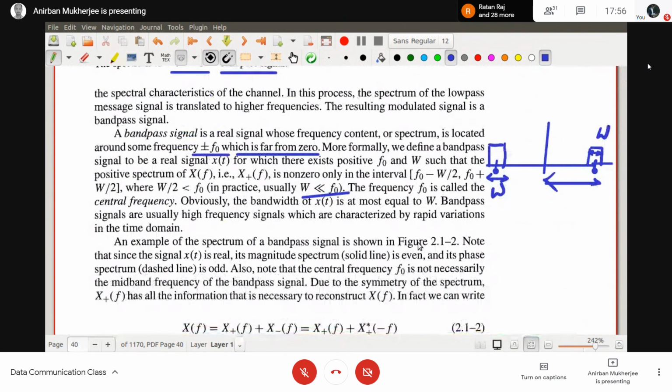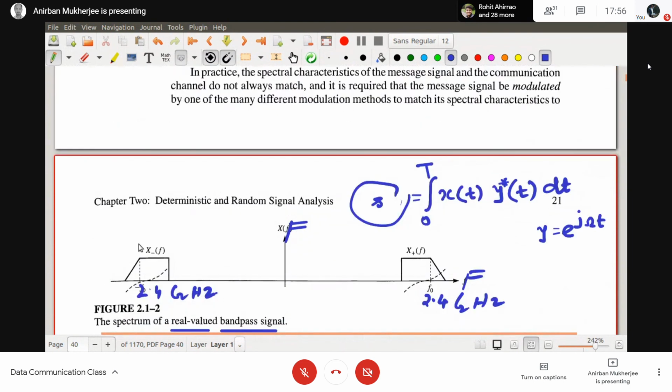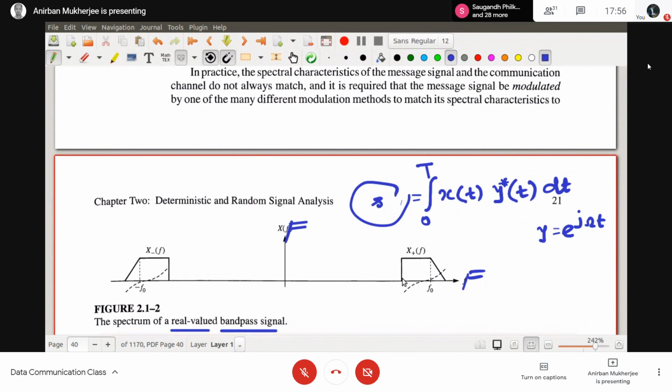Let us again explain things. I know that it is a real signal. I know that the magnitude response is an even function, so I have an even spectrum.